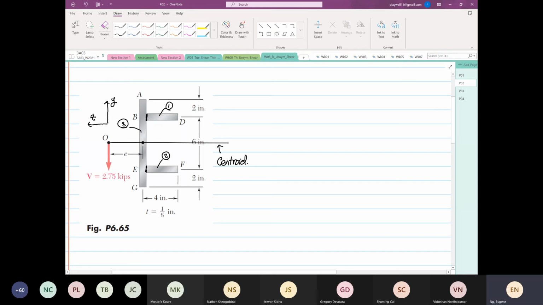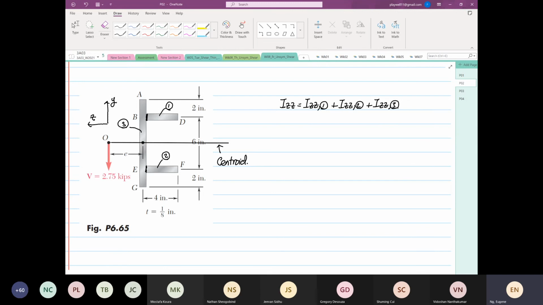So IZZ is equal to IZZ1 plus IZZ2 plus IZZ3. Now we're going to verify what's our width.